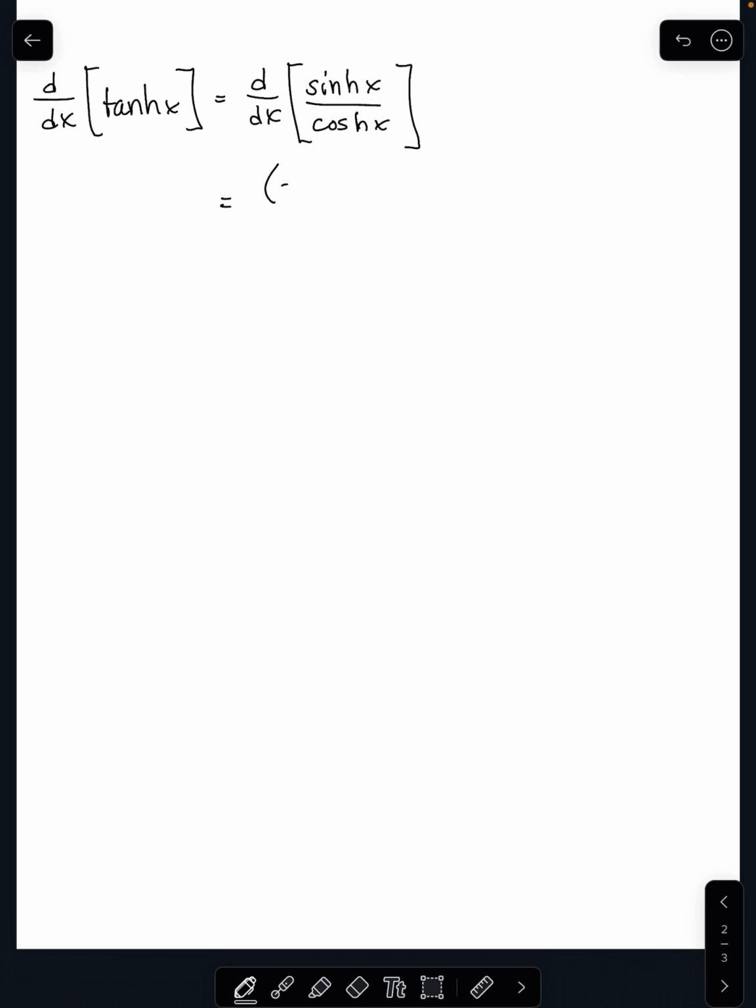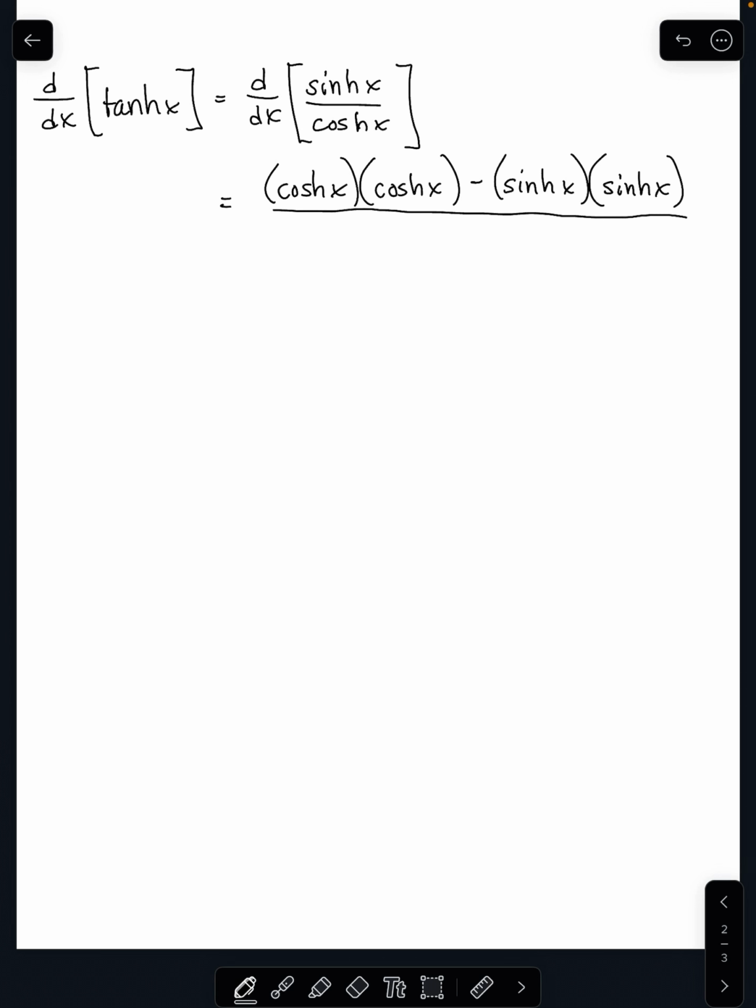So we have the denominator, hyperbolic cosine of x, times the derivative of the numerator, which, as we just showed, is, again, hyperbolic cosine of x, minus the numerator, hyperbolic sine of x, times the derivative of the denominator, which, as we just showed, is hyperbolic sine of x, all over the denominator squared.